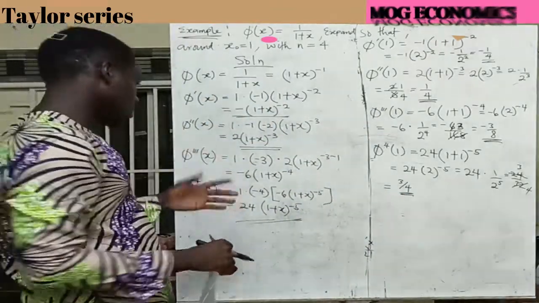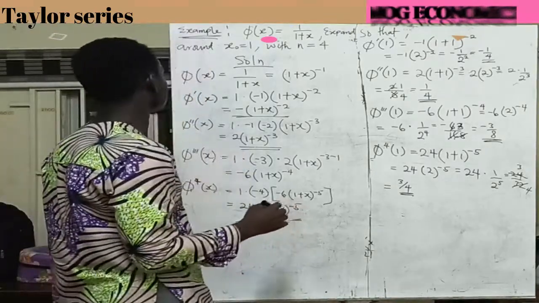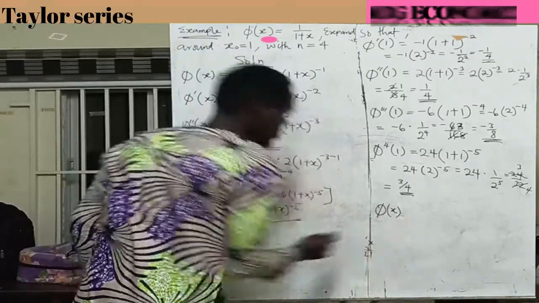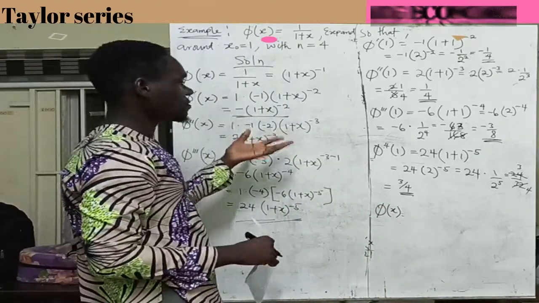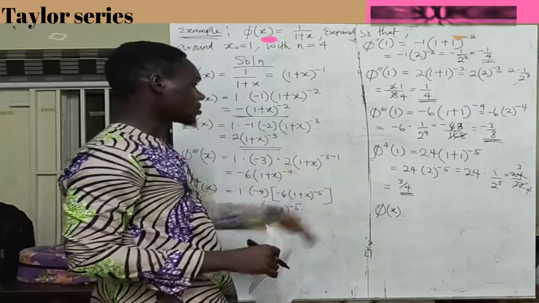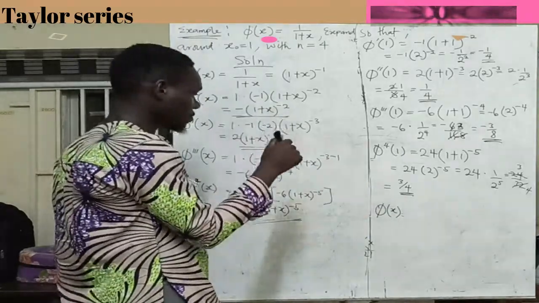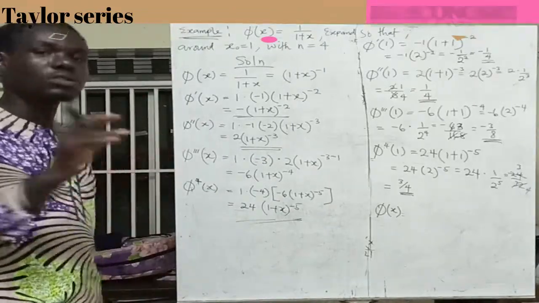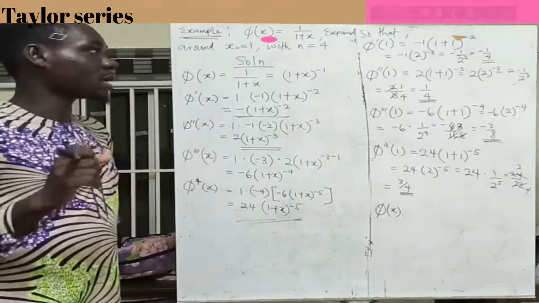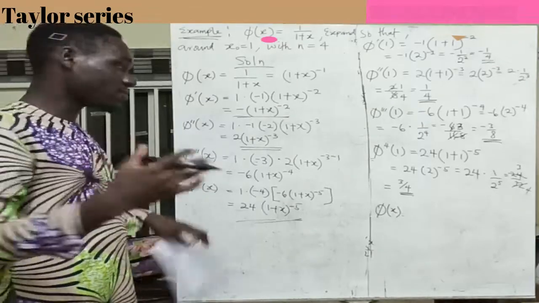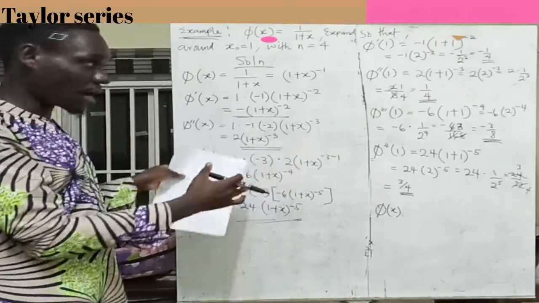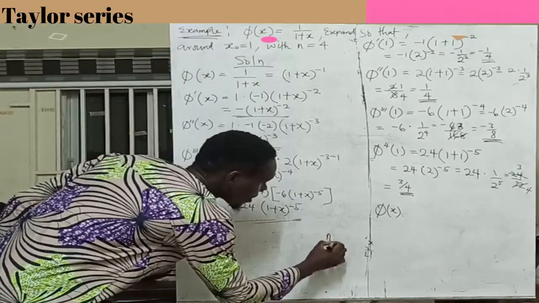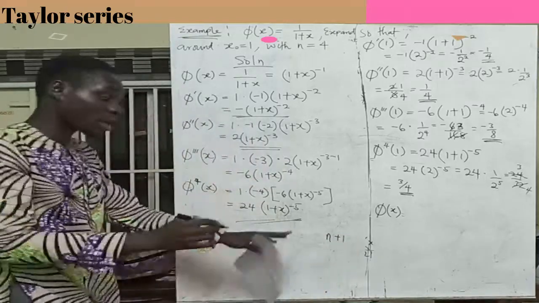So now let's write out our formula. Here we are going to have 5 terms on the right, including the original function itself. When I introduced the Taylor series, I mentioned that to determine the total number of terms on the right hand side of Taylor's formula, there's a simple formula you can apply, which is n plus 1.